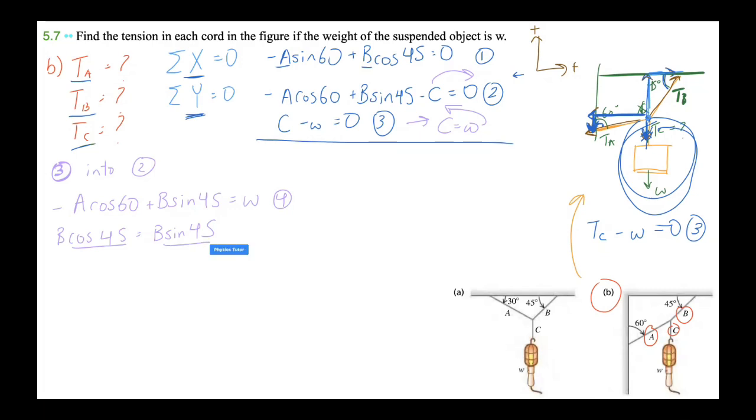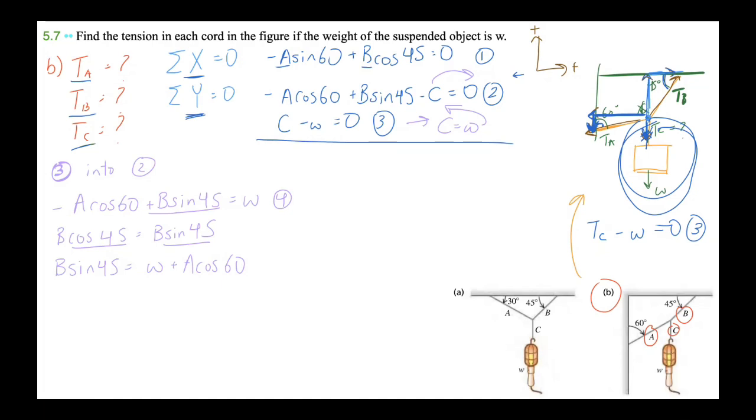We know that, so we can use that to our advantage. So that means let's recognize that b sine 45 over here is equal to w plus a cos 60.